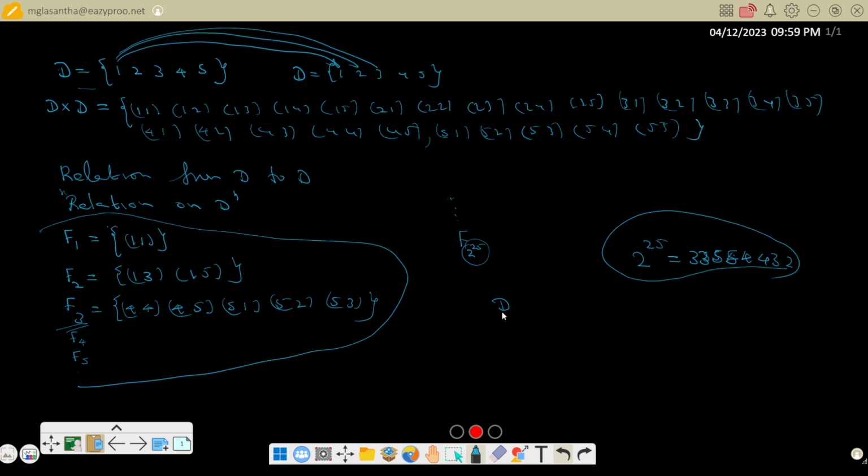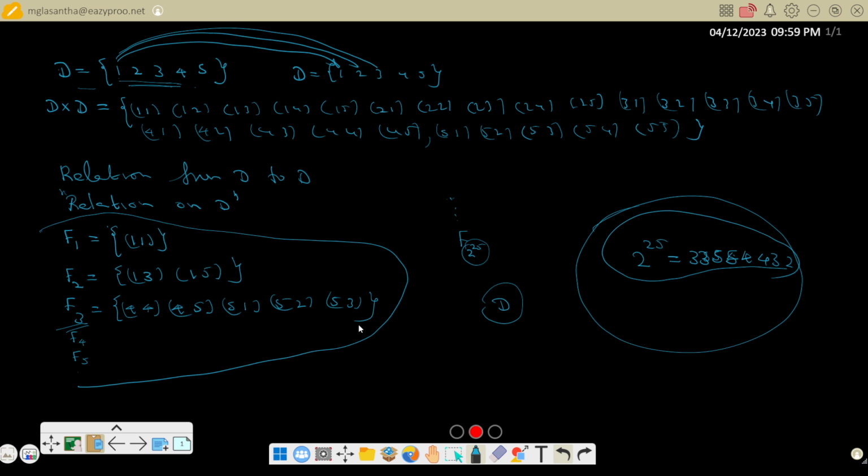Then the parent set is D. But D has only 5 elements, and from these 5 elements you can build this many relations. Very big now.